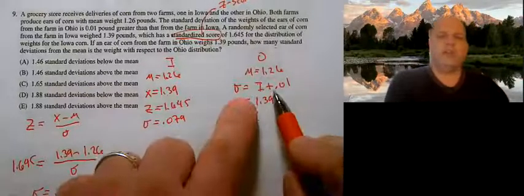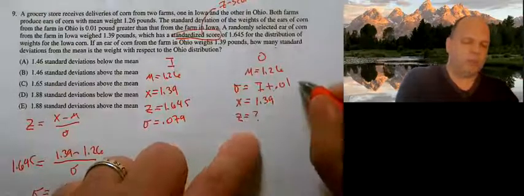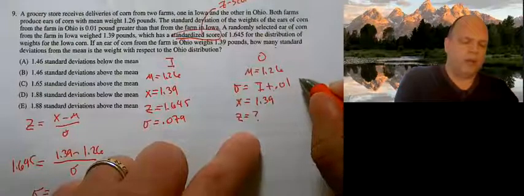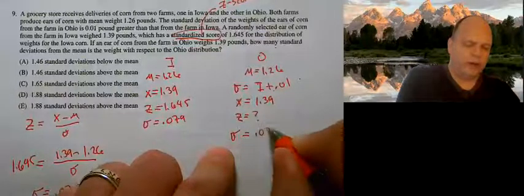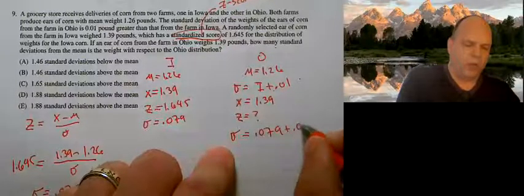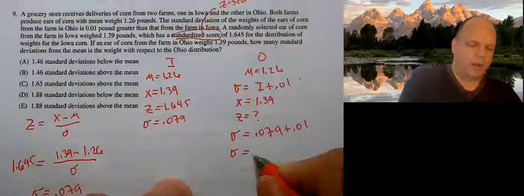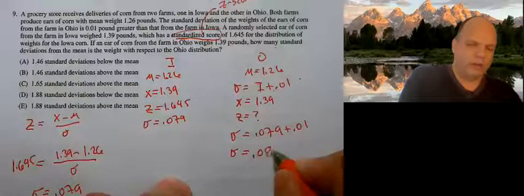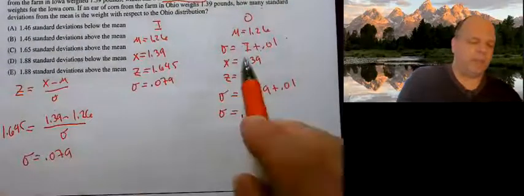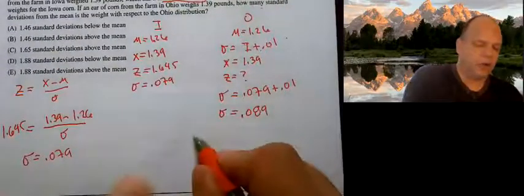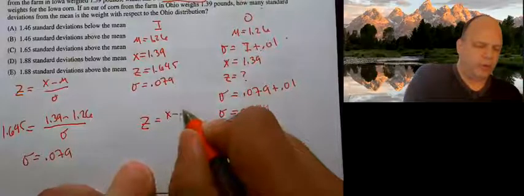Well, I know that the Ohio one is Iowa plus 0.01, so that means the standard deviation is 0.079 plus 0.01, which means the standard deviation for Ohio is 0.089. So now that I have that, I can probably calculate my Z-score, because once again, Z equals X minus mu over sigma.